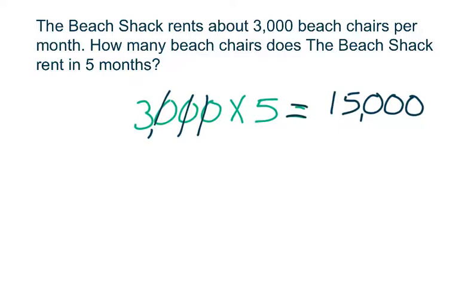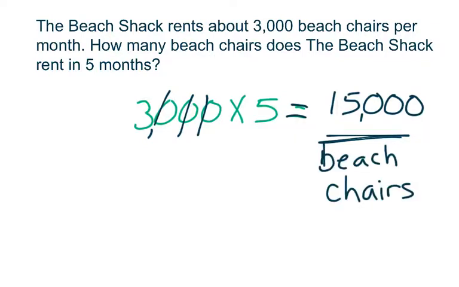So 3,000 times 5 is 15,000. So how many beach chairs does the Beach Shack rent? 15,000 beach chairs. Okay, that problem was super simple. We're just multiplying by those numbers of tens, hundreds, and thousands.